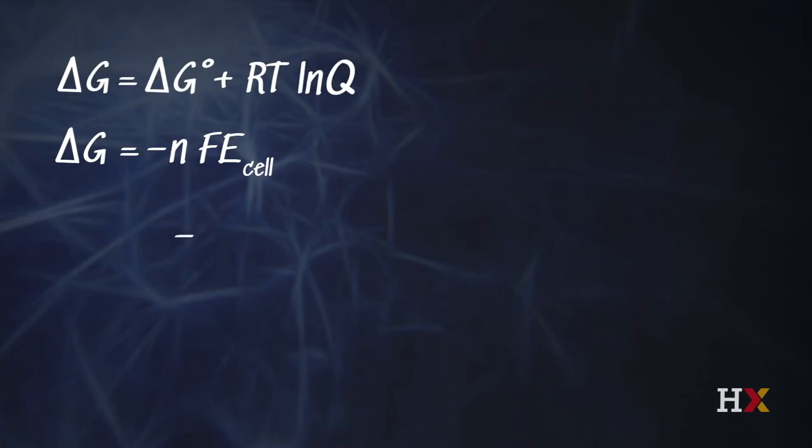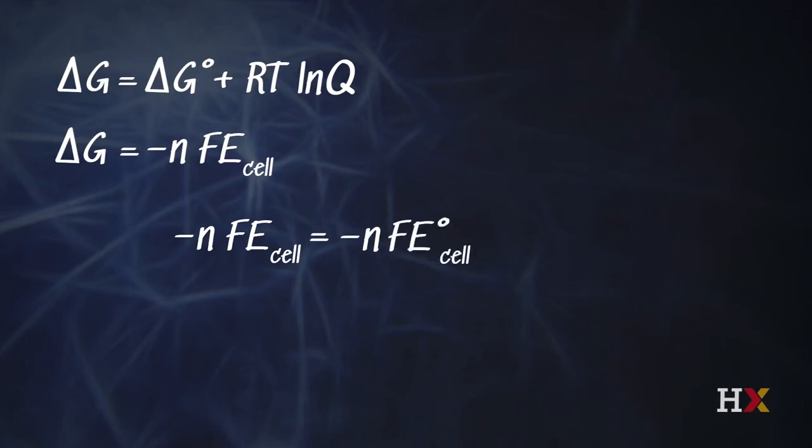That's minus N times the Faraday constant times the cell voltage under non-standard conditions. I can substitute directly for delta G under standard conditions. That's simply minus N times the Faraday constant times the cell voltage under standard conditions.